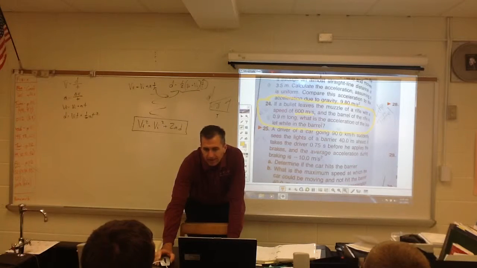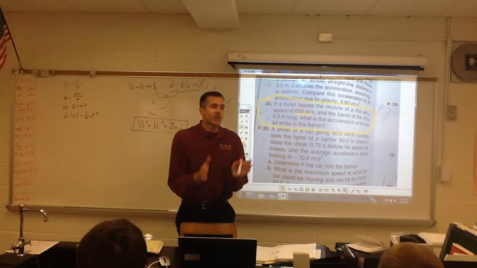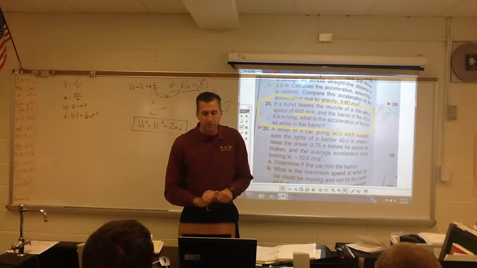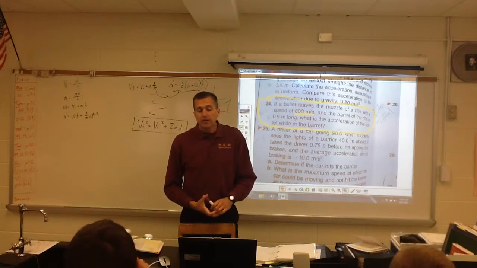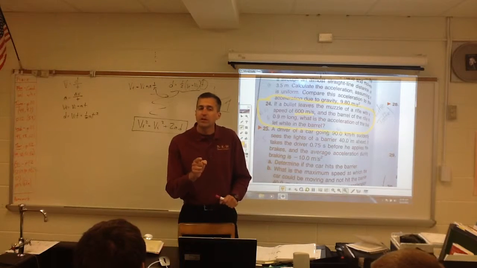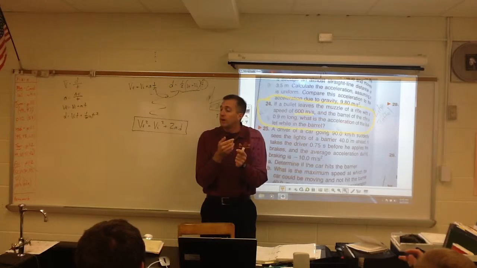What's the acceleration of the bullet while in the barrel? If you're talking about the acceleration in the barrel of the gun, that's the long part that the projectile is going to shoot out of, then that 600 is the final speed because it started way back here at a speed of what?